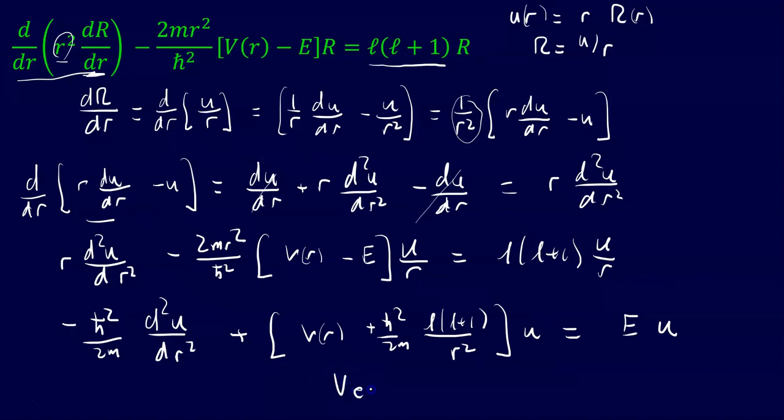It's just that now you can call everything that's in this parentheses V effective. So you can think about this whole term here as being one term. If you do that, then you've got the second derivative of our function, the potential times your function equals the energy times your function. So this will just be helpful for cleaning this up a little bit.